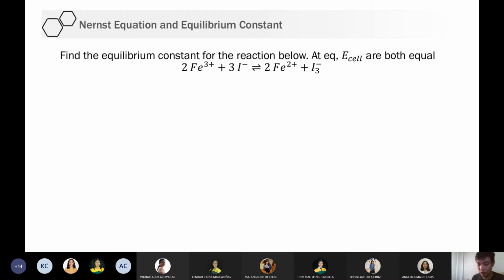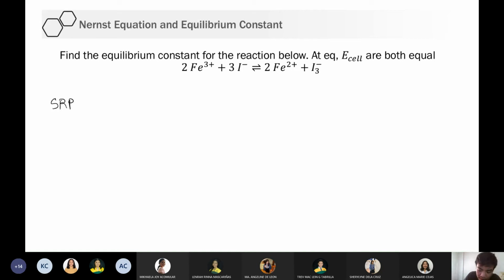So I will leave this to you to work on. Just follow the same process na sinabi ko. And I will give you the cell potential. Alamin mo na lang yung E cell, E not cell. And then, yan. From the E not cell, you can get the K. So, bigay ko yung E cell kasi wala siya sa table. So, let me rewrite that.